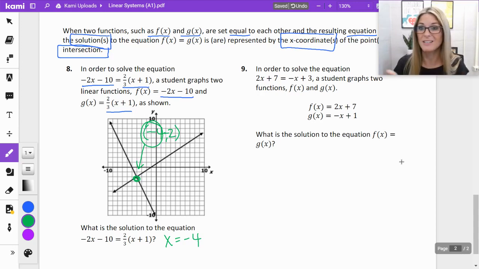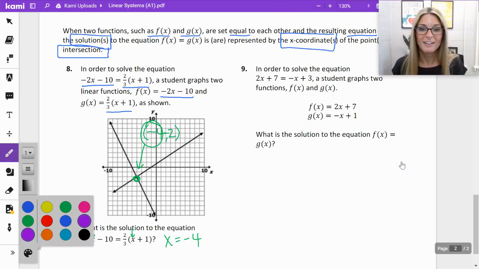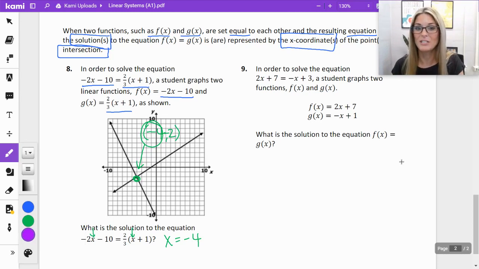It'll make both sides equal because physically on the graph, they share that point of intersection. In our equation, we only have x values that we're trying to plug in to make it equal. -4 is going to make that happen because they literally share that place on the graph. -4 is our solution.